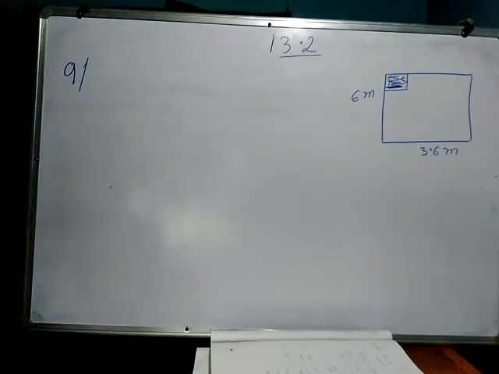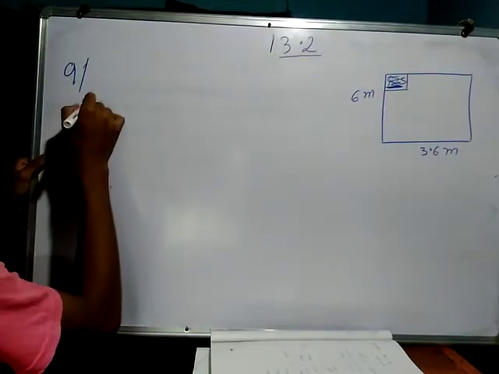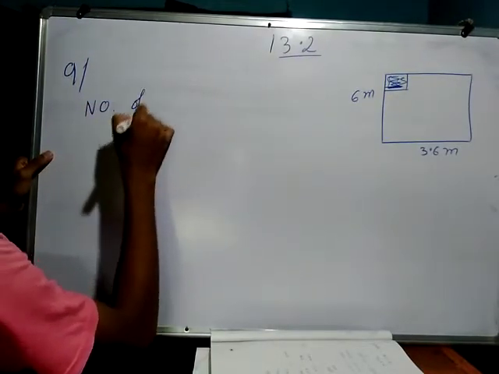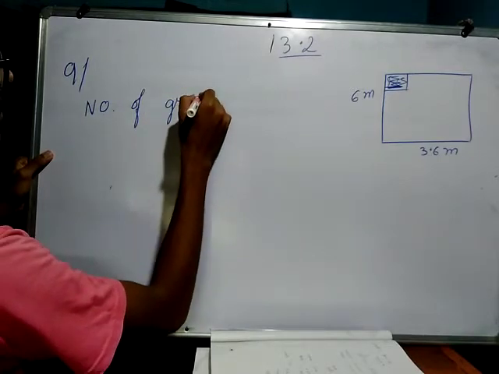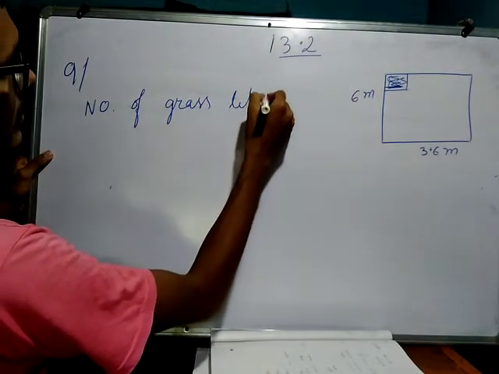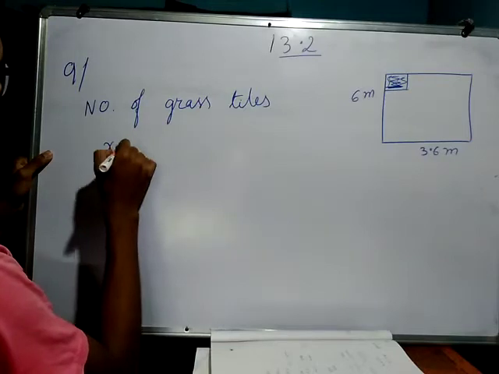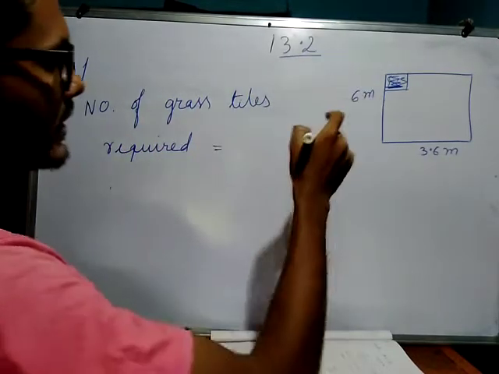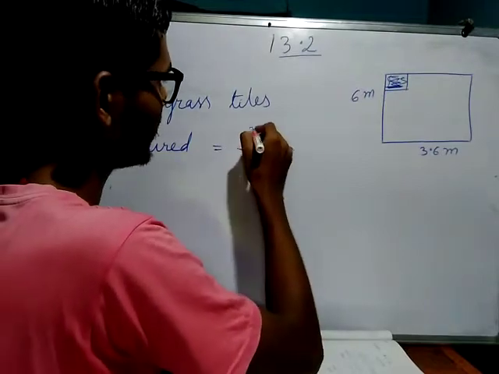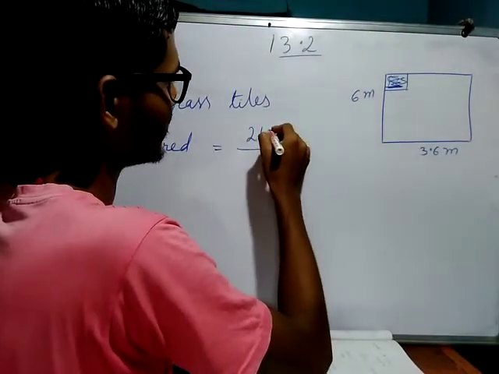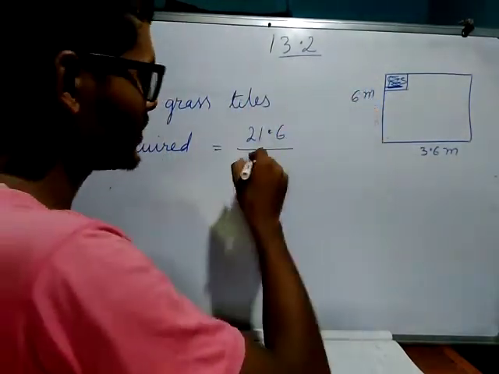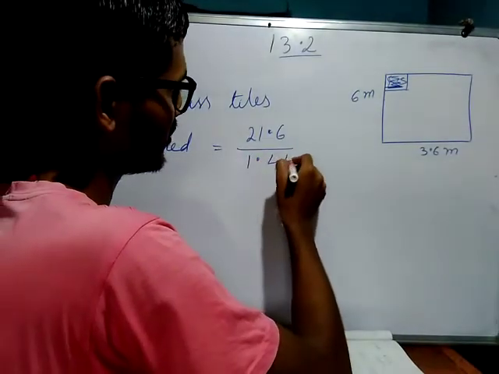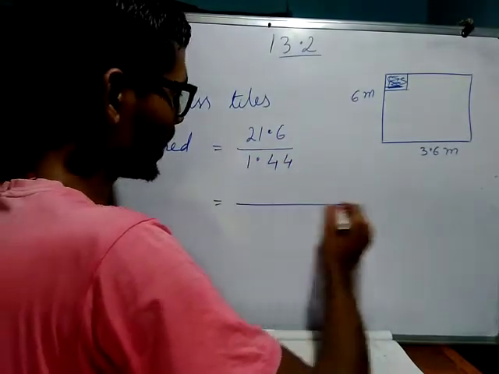Number of grass tiles required: total area we have already calculated, 21.6, and area of one grass tile is 1.44 meter square. Now, how will you divide?